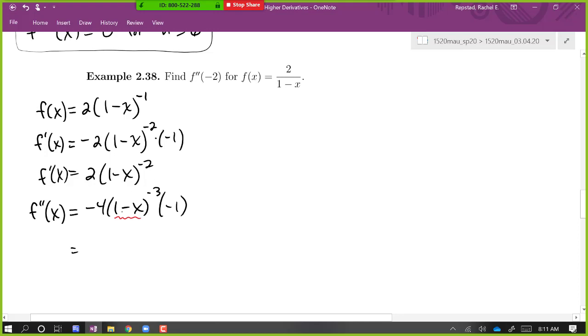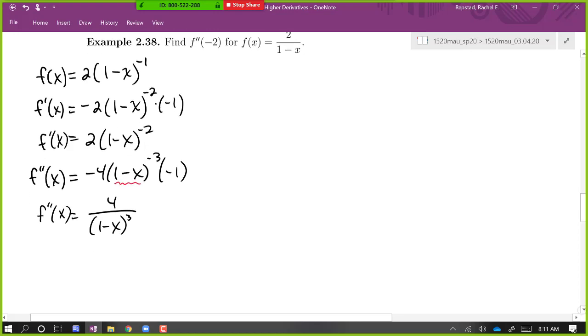Now we're going to evaluate this. For convenience of evaluation and a nice simplified way to express the derivative, I'm going to adhere to the convention of avoiding negative exponents. So I'm going to call this 4 over 1 minus x cubed. There's our second derivative. And now we can evaluate it. We can plug in negative 2.